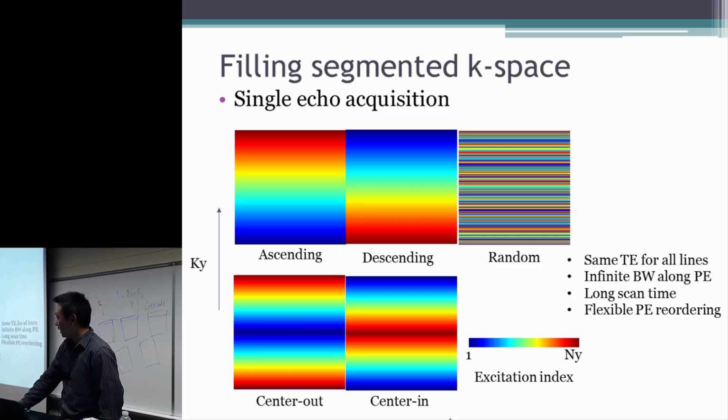So we will collect the center of the K-space at the beginning, where the contrast agent effect is strongest. Right? But in principle, for static tissues or static objects, the phase encoding reordering scheme is not a big concern for single echo acquisition.